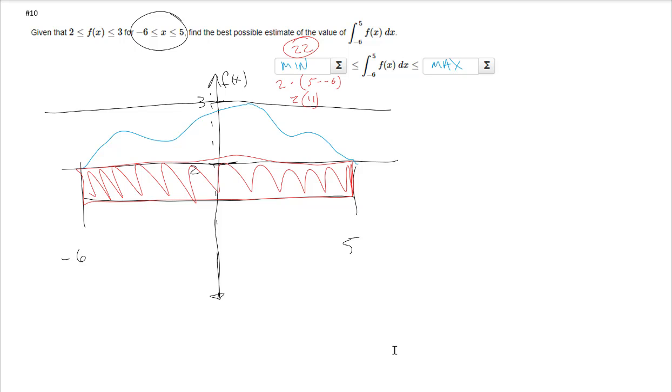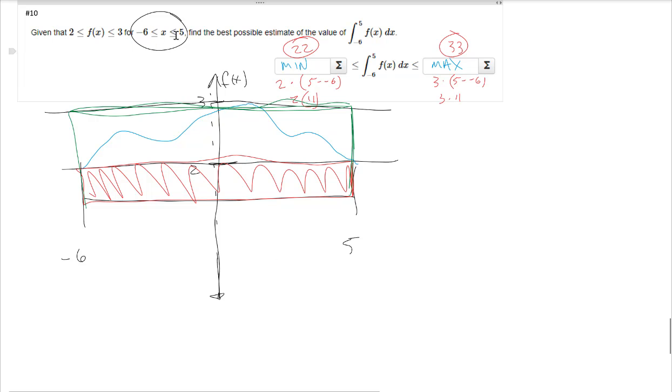So the minimum is 22, and the maximum is 3 times 5 minus -6, or 3 times 11, or 33. Okay, and the maximum, of course, would just be the area if it was at 3 the whole time. So you just take the width, in this case the width is 11, and you multiply it by the lower number to get your minimum, and you multiply it by the upper number to get your maximum.